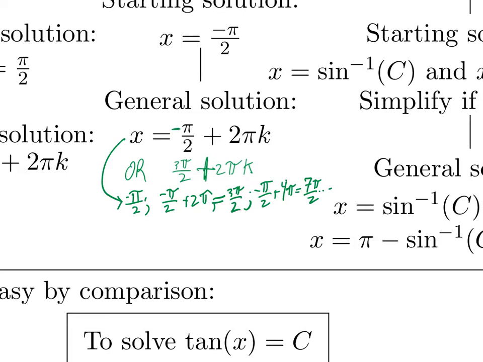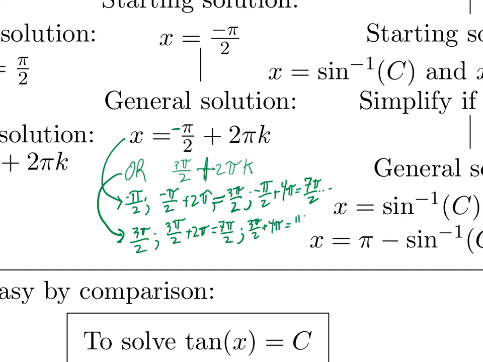And so on. The second family of solutions will give 3 pi over 2, or 3 pi over 2 plus 2 pi. So let's see, 2 pi is 4 pi over 2, so that'll total 7 pi over 2. The next one will give 3 pi over 2 plus 4 pi.